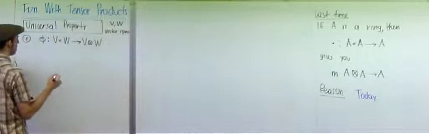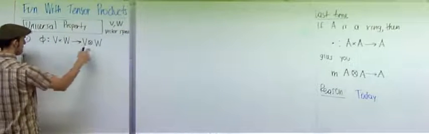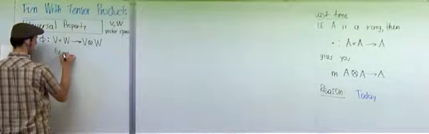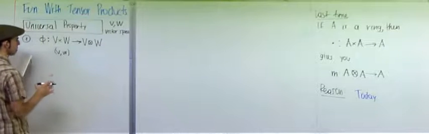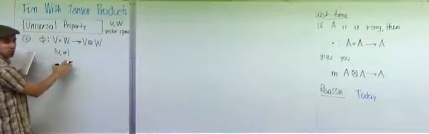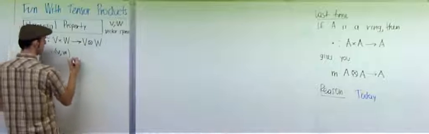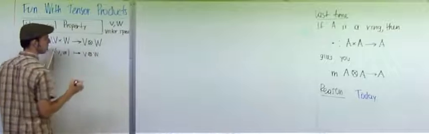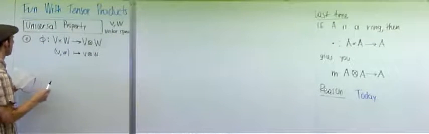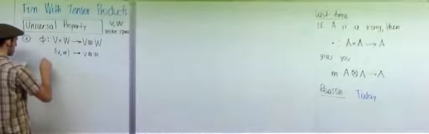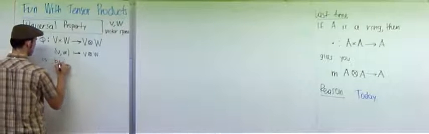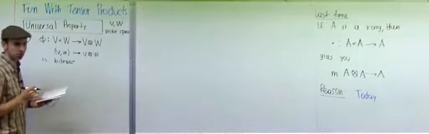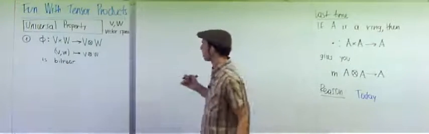I have a map from V times W, whose elements are just pairs of a vector in V and a vector in W, and I can map it into the tensor product of V and W. The first thing I want to claim is that this map is bilinear.